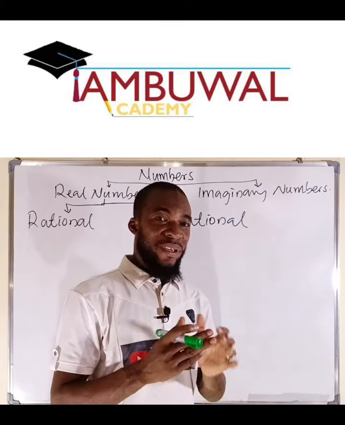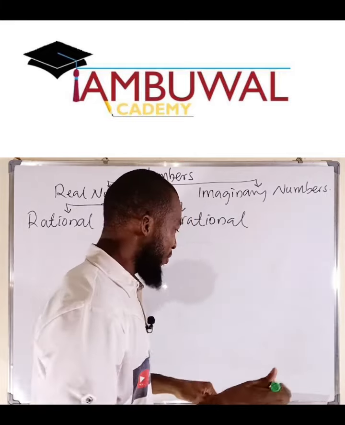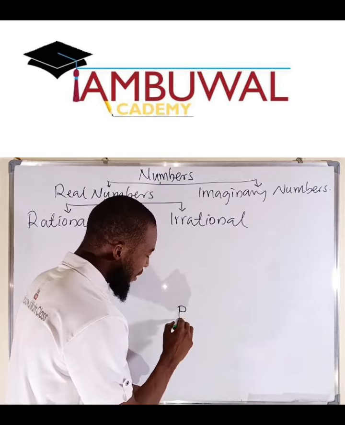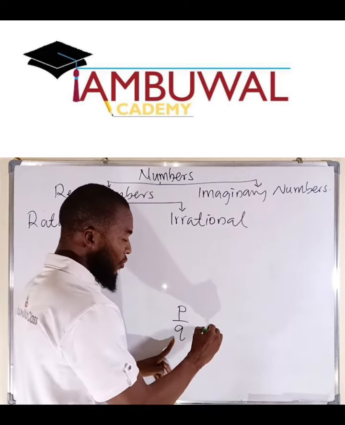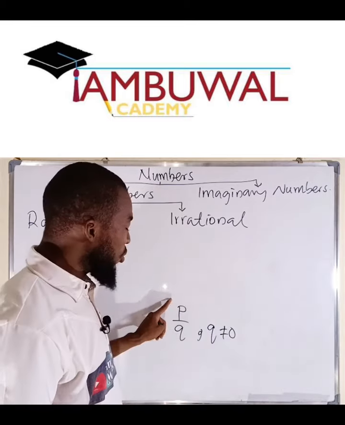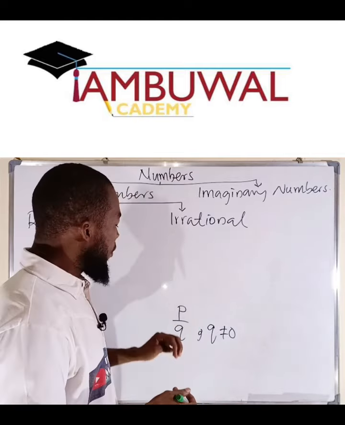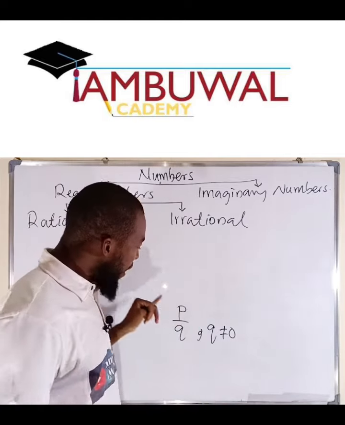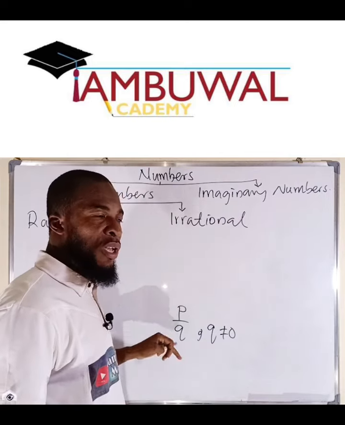Any number that can be expressed as numerator divided by denominator. For example, if I have P divided by Q, you should know that this Q cannot be equal to 0, because in mathematics we don't divide any number by 0. That is undefined, right?